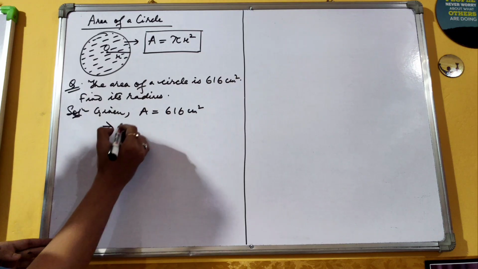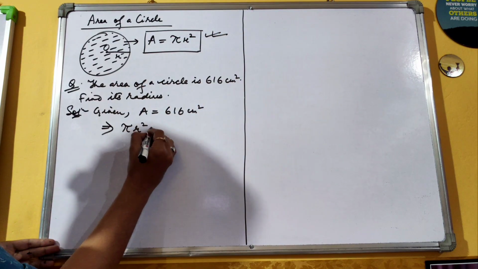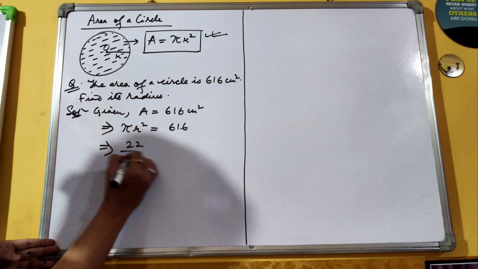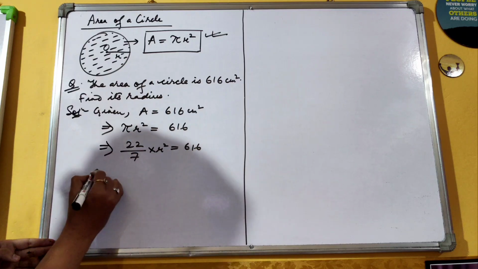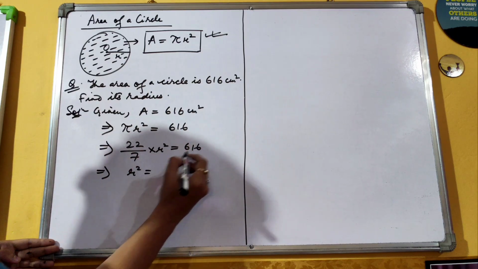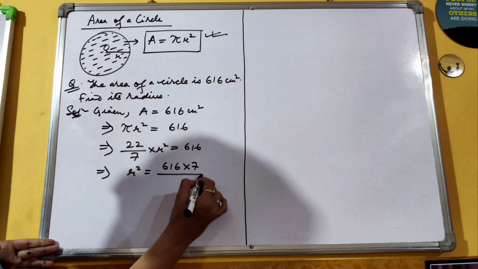What's the formula for area? It's here, pi r square will give you 616. Pi means 22 by 7 into r square will give you 616. So r square will give you, this 7 goes up, 616 into 7, this 22 comes down.